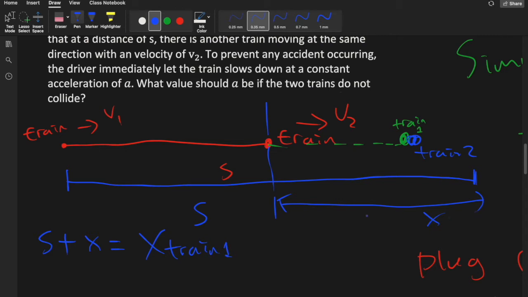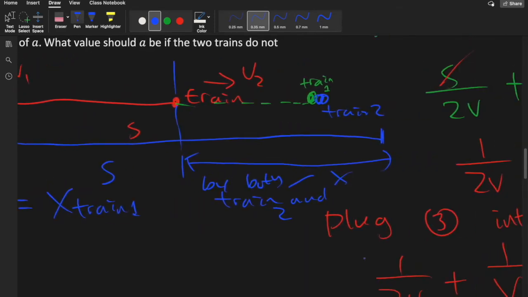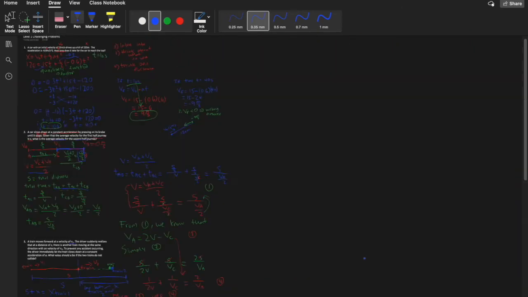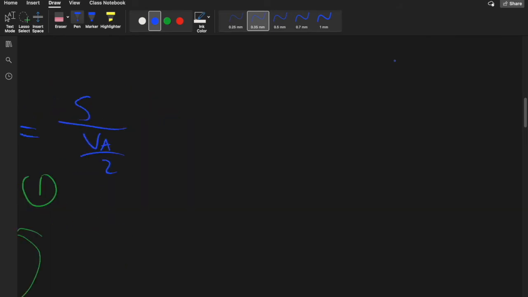And x is traveled by train 2. So we can express this image in terms of a mathematical equation. I really need some space, so let me just redraw this picture.